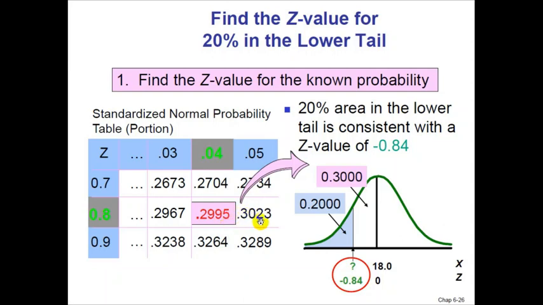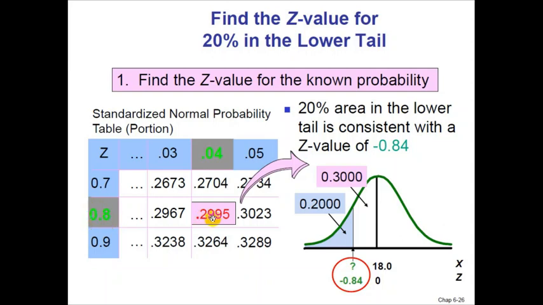So if we compare these two, which one is actually closer to 0.3? This one, right? Because for this one, the difference is 0.0005. For this one, the difference is 0.0023. So this is closer to 0.3, so we take this one. If you take this probability, you read to the left side here, you get z equals 0.8.